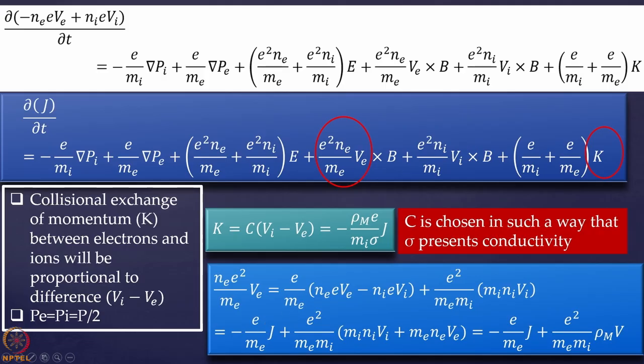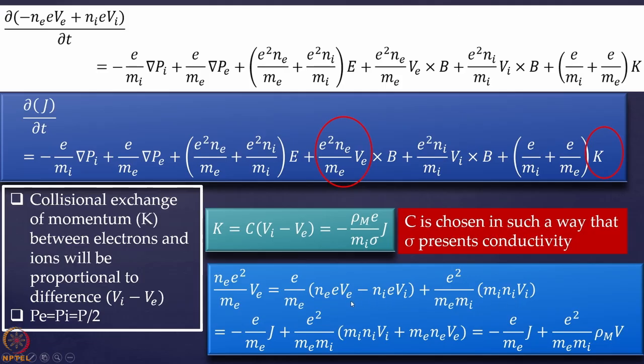Then I have subtracted this term N_i e into V_i over here, which gives N_i e squared V_i by m_e, and here you see that m_i cancels. So essentially what I have done is subtract some term and add the same term over here.